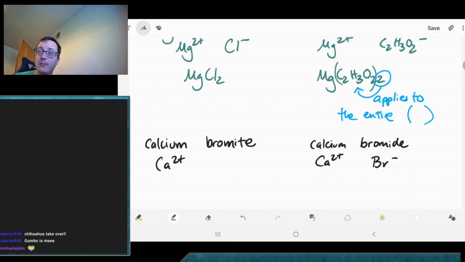Bromate, though, ate is an ending for polyatomic ions. And if we look on our chart, we see bromate is this ion here. It is polyatomic. And we have bromite as well, which is BrO3 minus. So we have, unfortunately, things that are very similar sounding. And so that's why spelling is super important.